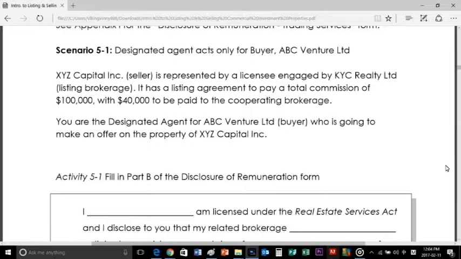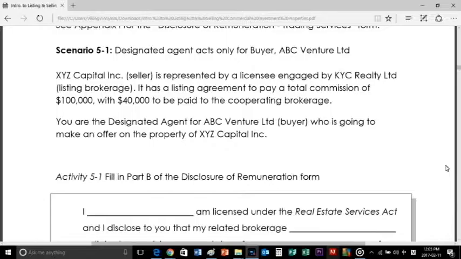Scenario 5-1. Designated agent acts only for buyer ABC Venture Limited. XYZ Capital Inc., seller, is represented by a licensee engaged by KYC Realty Limited, listing brokerage.